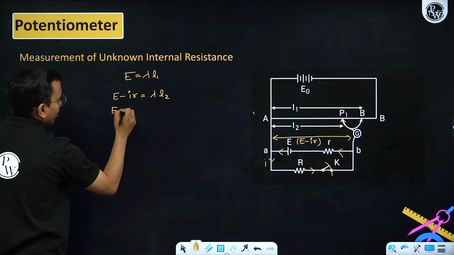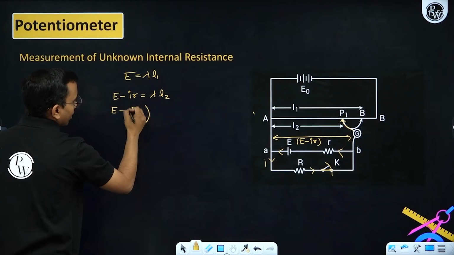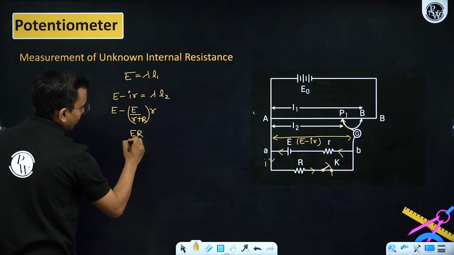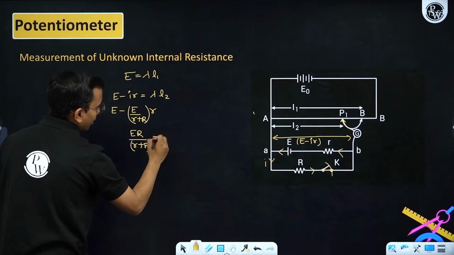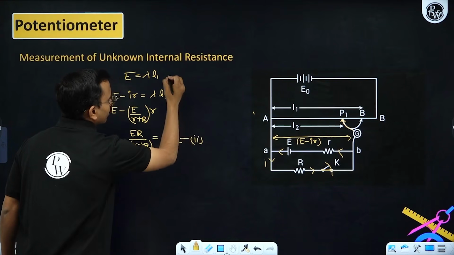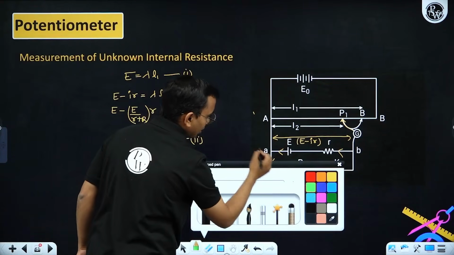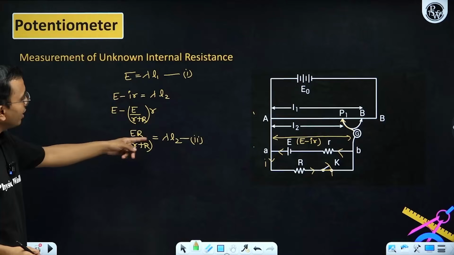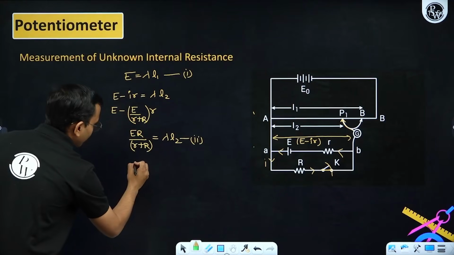What is I? I is E divided by R plus r, so I can say this as E into R divided by R plus r, and this is equal to my lambda into L2. This is the second equation, this is my first equation. Now dividing these two equations with each other, lambda will get cancelled, E will get cancelled. So what will it become?